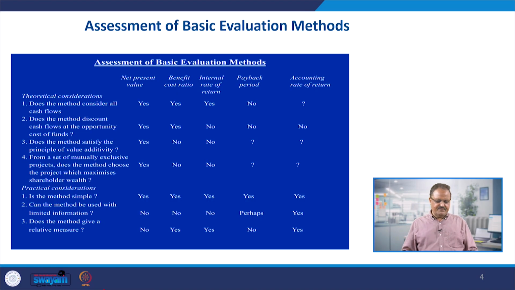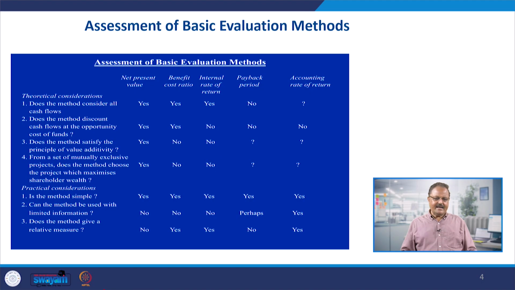You're going to use it for the first time. Even companies who already exist, when they are going for expansion, diversification, and growth projects, it's a challenge many a time which method to use: NPV, IRR, or benefit cost ratio, or should we go for the non-discounting criteria, payback period and accounting rate of return.